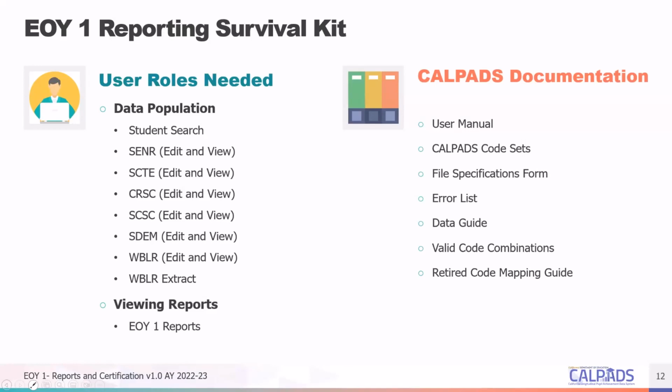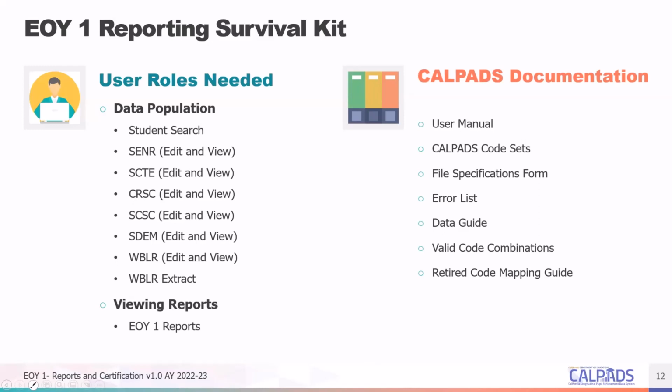They are students CNR edit and view, CTE edit and view, CRSC edit and view, SCSC edit and view, staff demographics edit and view, work-based learning edit and view, and work-based learning extract permissions. To view EOY1 reports, users will need the EOY1 reports permissions.